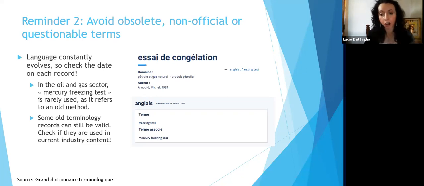Medicine's another one, automotive. I pulled an example from the oil and gas sector, which is pour essai de congélation in French. The GDT suggests mercury freezing test, which is almost not in use. You will not find anything about it in legit sources online.